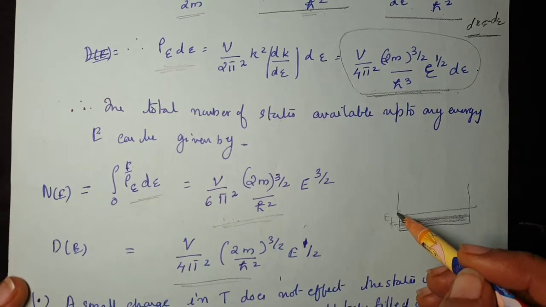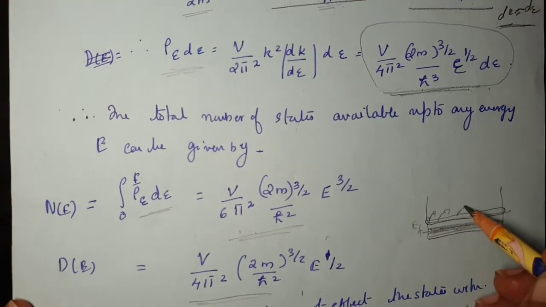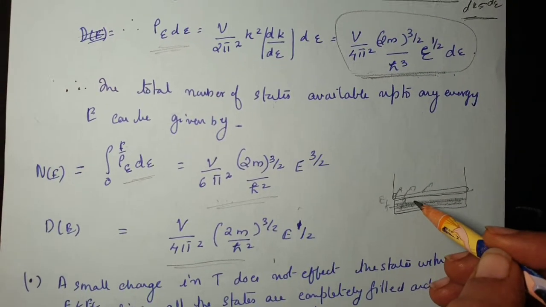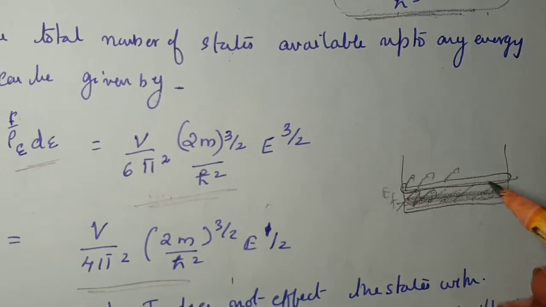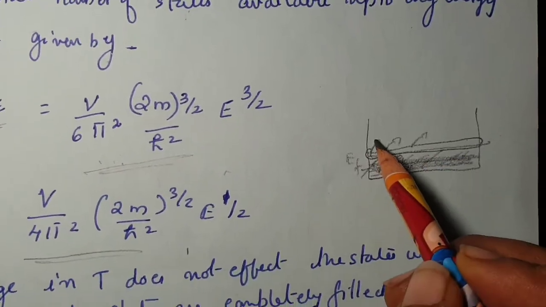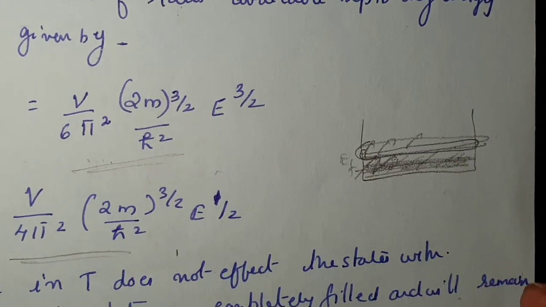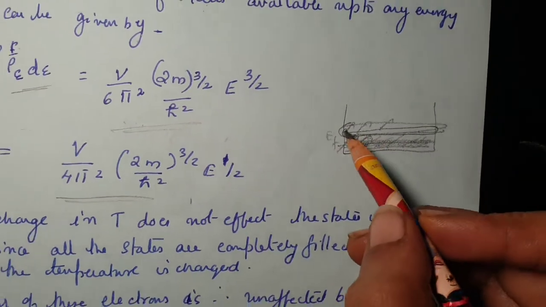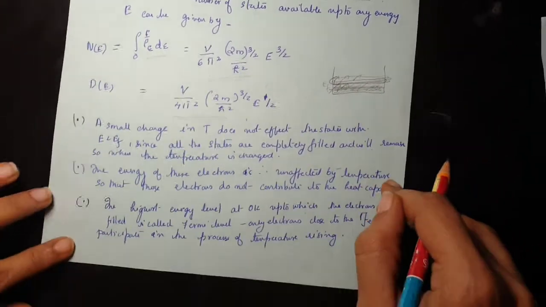Only those electrons near E_F can jump into higher energy levels. Since the others are fully bound, they cannot do anything. So the electrons near the Fermi surface take part in the process of raising the temperature.